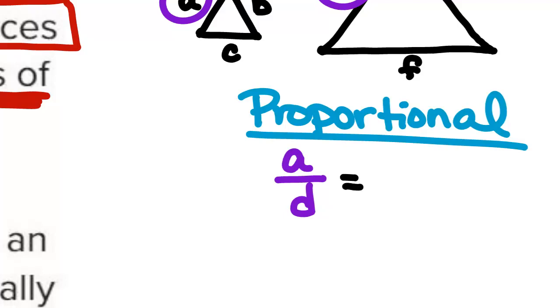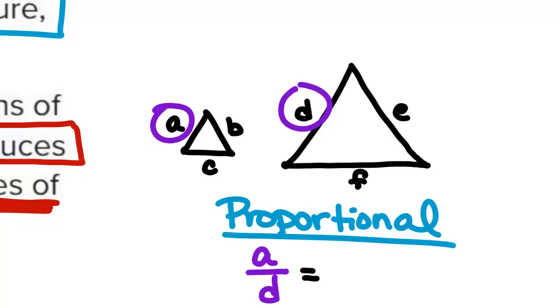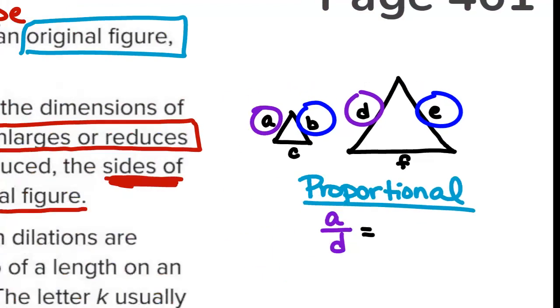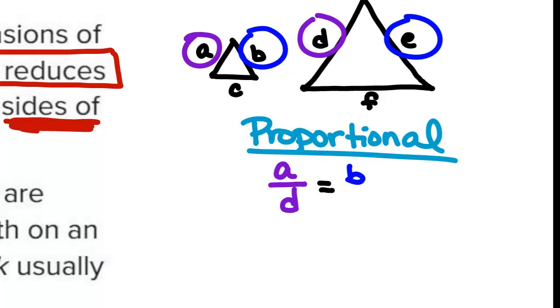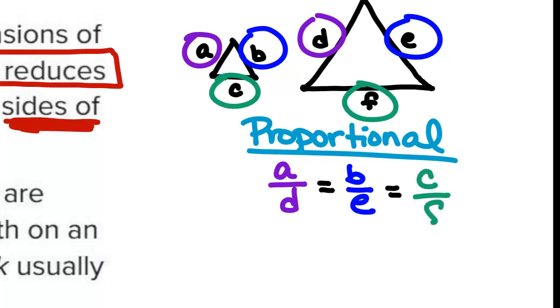That fraction would come out to be exactly the same as when I put the length of side B over the length of side E. And that fraction would be absolutely identical to when I put side C over side F. All three of those fractions would be exactly the same. They might need to be reduced, like we practiced on the warm-up. So I might have one fraction that's 1 over 2, but another fraction that's 3 over 6. But when I put both of them into my calculator, I get 0.5.